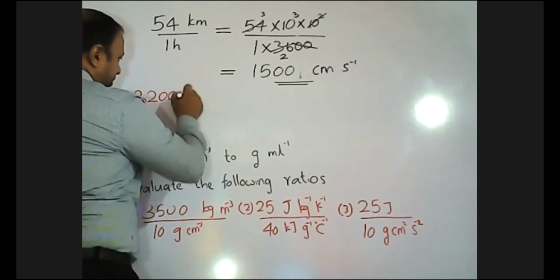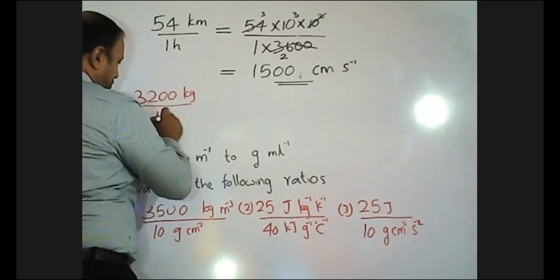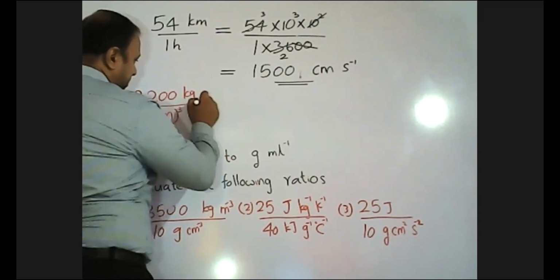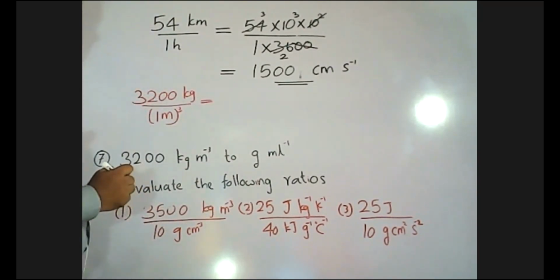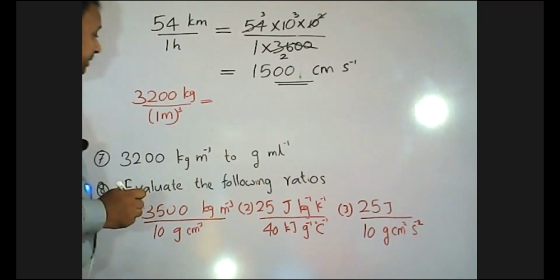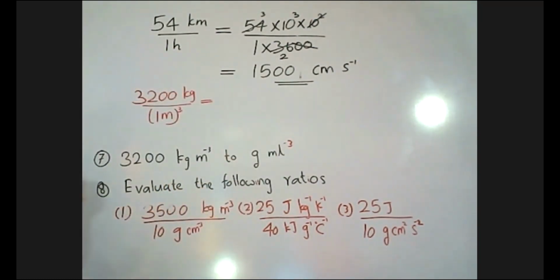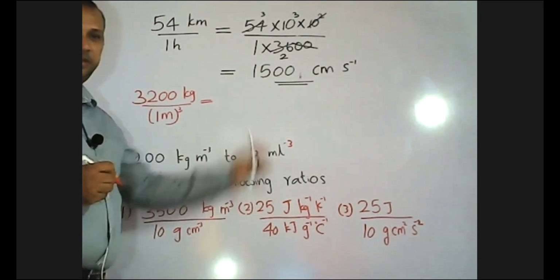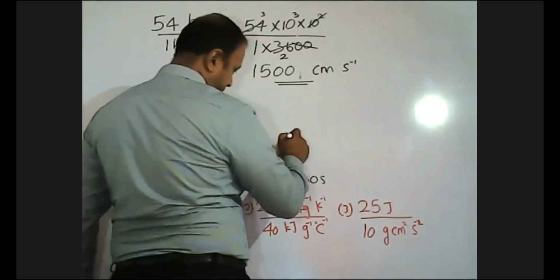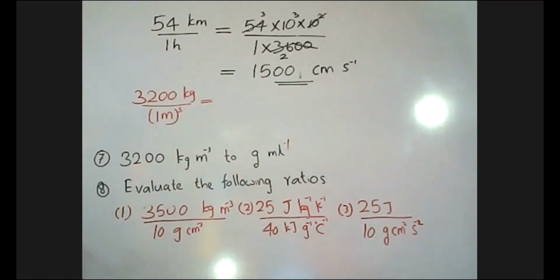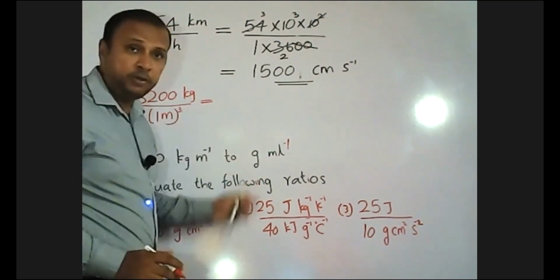3,200 kilogram per 1 meter cube. I have to convert that one into gram per milliliter. I can convert kilogram into gram.